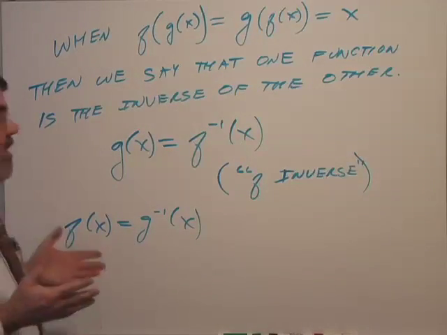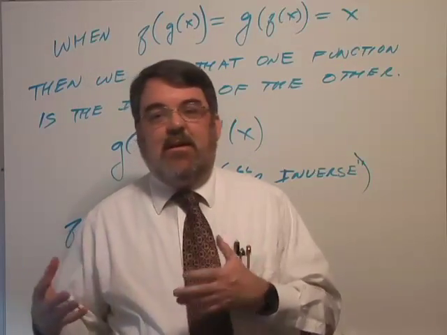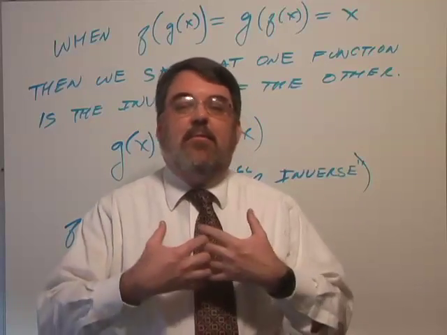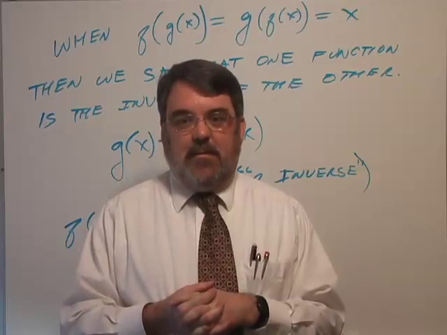And what does it do? An inverse process undoes, an inverse function undoes another function. And it sort of unravels it. And so let me give you an example of this.